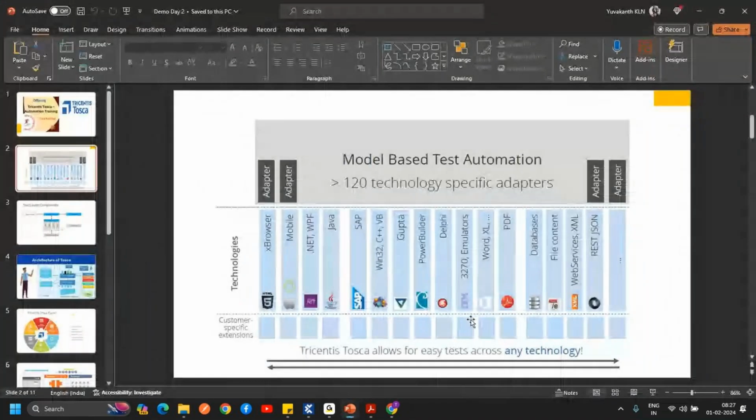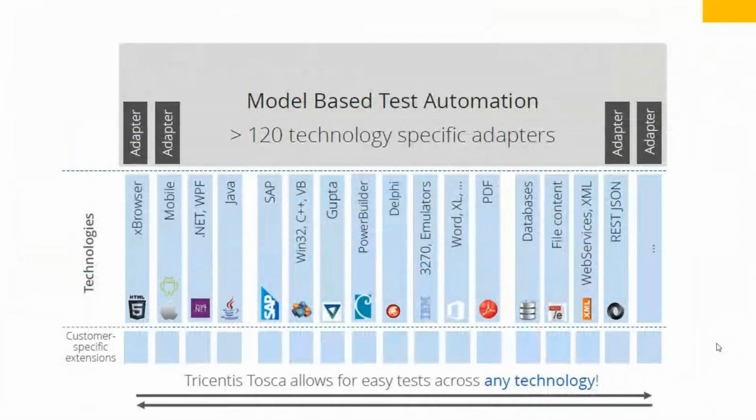Okay, so let us quickly discuss this part today. Just let me know if the screen is not visible. Okay, so it's a model-based test automation and it supports more than 120 technology-specific adapters. So what are the different adapters?